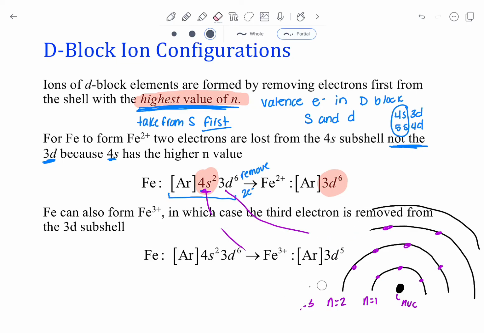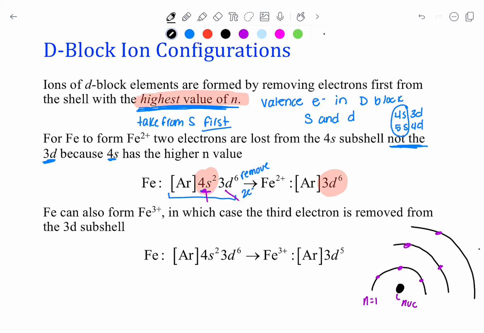Now, iron can also form a 3+ ion. So if we look at iron by itself, it's neutral. It's argon 4s2, 3d6. If I'm removing now 3 electrons, 2 of the electrons are coming from the 4s, and then that's going away.